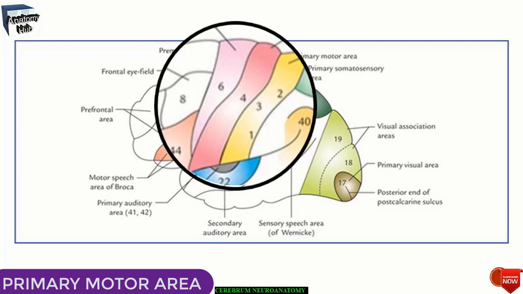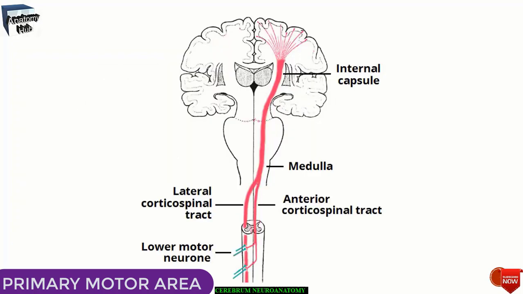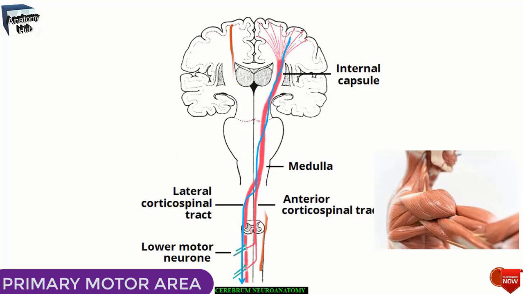The electrical stimulation of the primary motor area produces contraction of the muscles of mainly the opposite half of the body, and it controls the voluntary motor activities of the opposite half of the body.